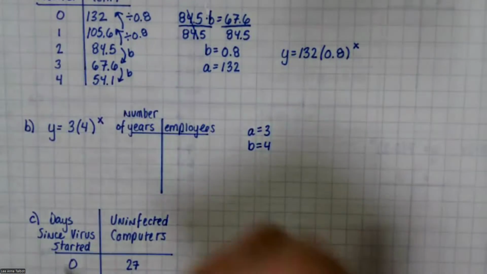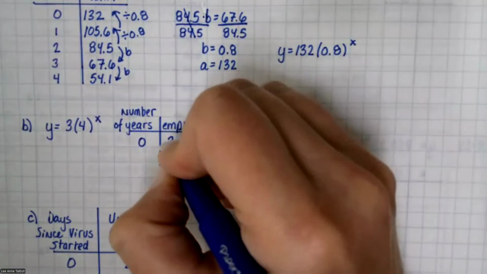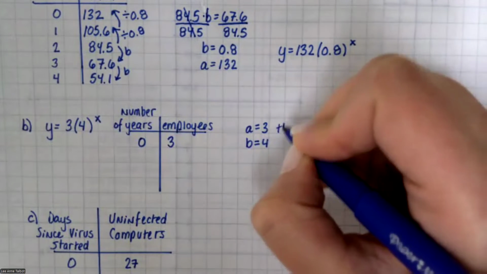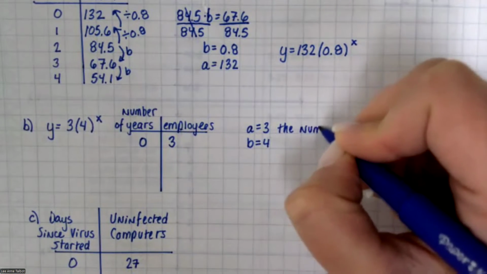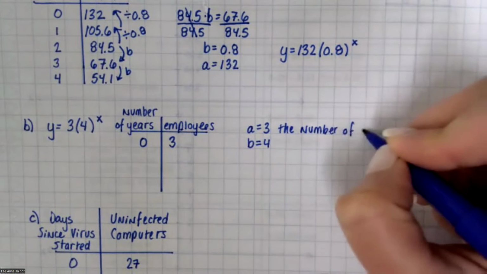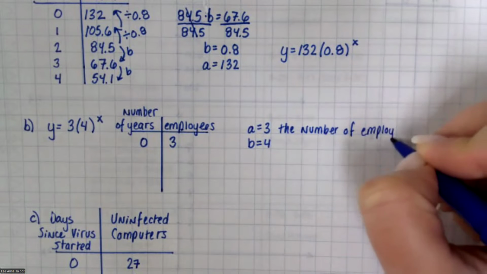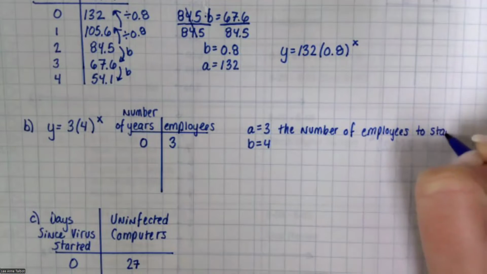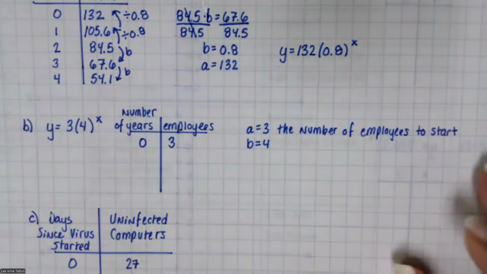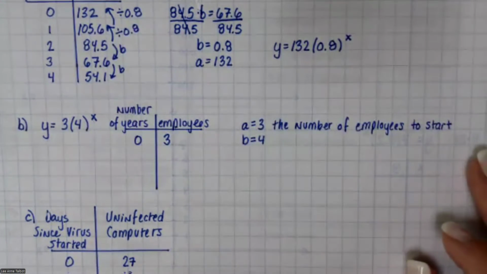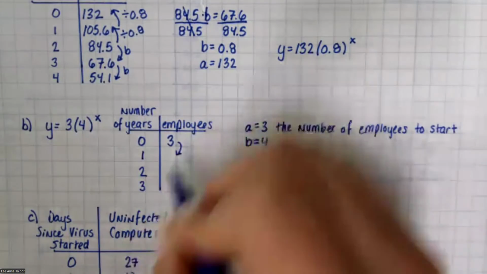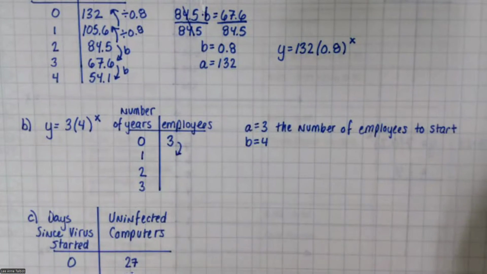Okay, what that means is they started with 3 employees. Now, what do I do to get how many employees they had in the first year?